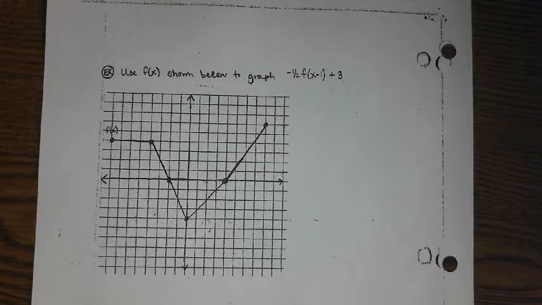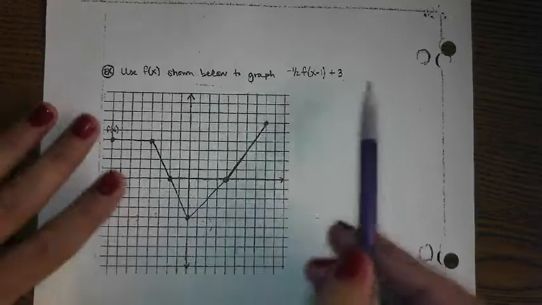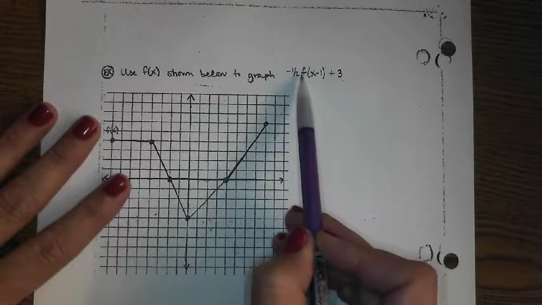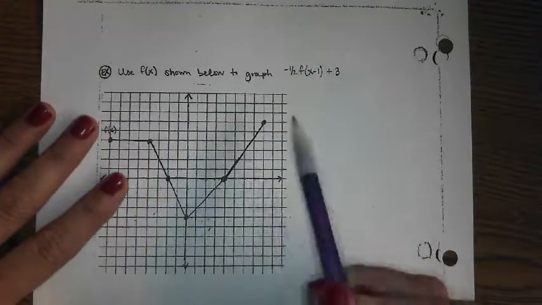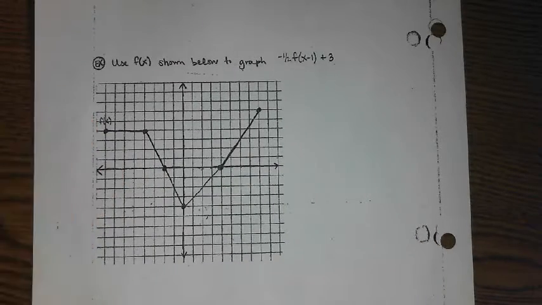Definitely have a pencil handy, because if we go through 1 transformation, 2, 3, 4 transformations on top of the original graph, you're going to have 5 graphs all intertwined, which is going to be very confusing. My suggestion is draw your first one, and then when you go to your next one, erase the previous one so that you don't have them all sitting on top of each other.